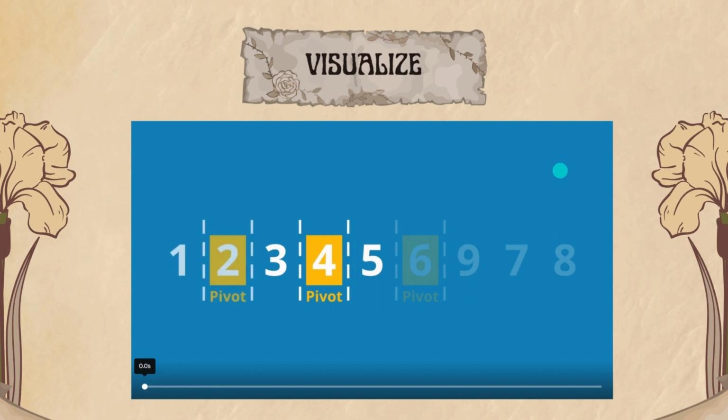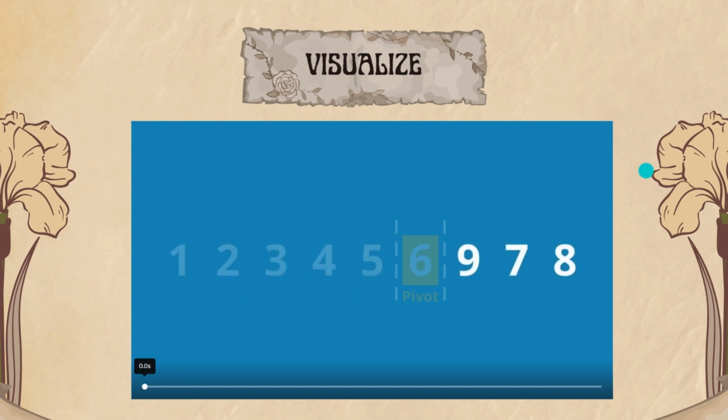Similarly, the left and right subparts of 4 have only a size of 1, so there's no sorting required. So we have finally sorted the left subpart of the pivot 6. Now we'll move to the right subpart.